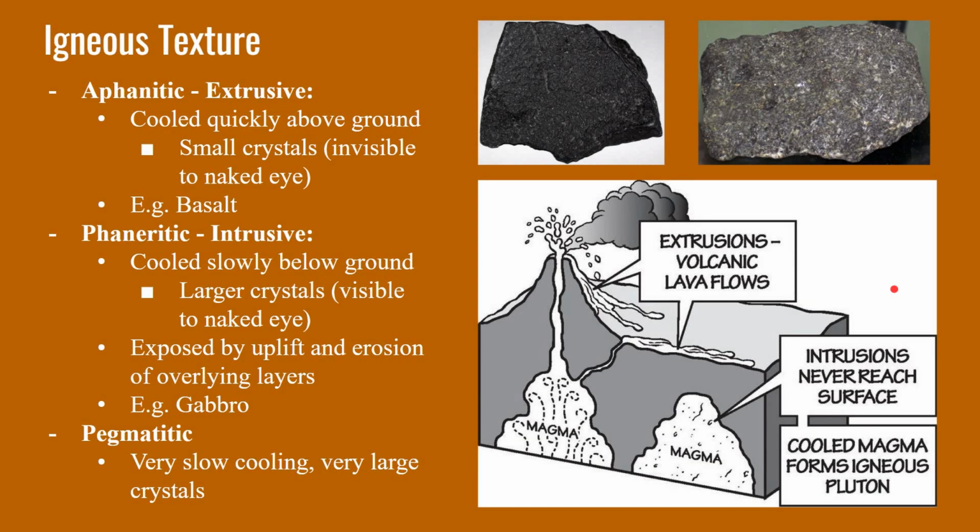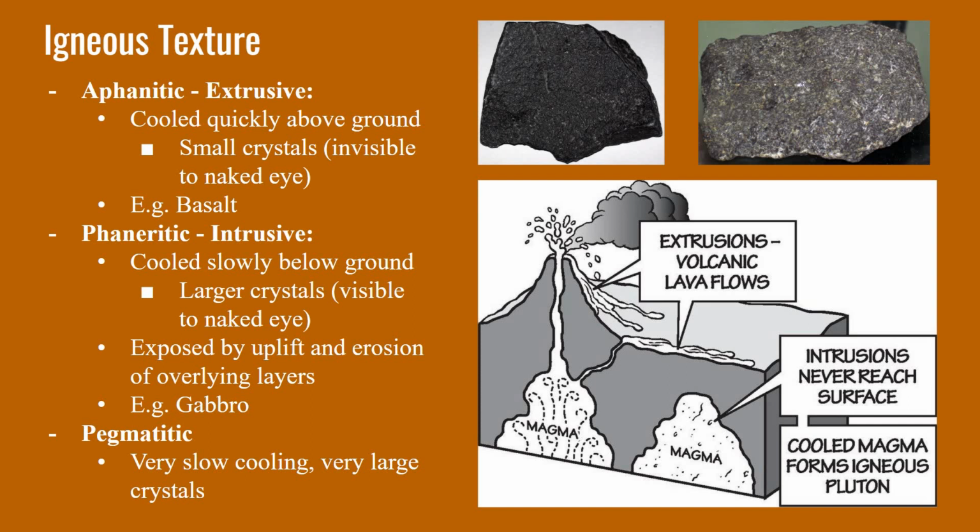So starting with texture, again, aphanitic texture, they cool quickly above the ground. Because they cool quickly, small crystals are formed, and you cannot see these with the naked eye. So for example, a basalt would be a good example of an extrusive rock, like the ones you see erupting in volcanoes on Hawaii. Phaneritic, intrusive, they cool slowly below the ground, and these plutons, these igneous formations well below the ground, form larger crystals that are visible to the naked eye.